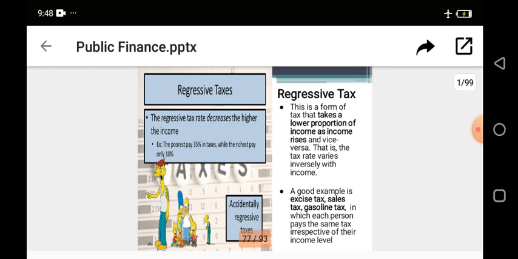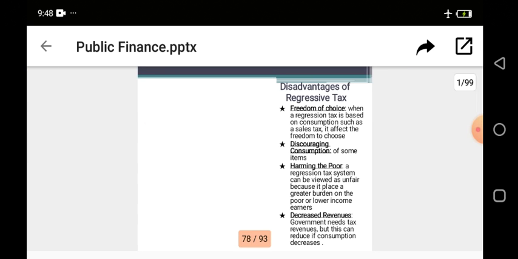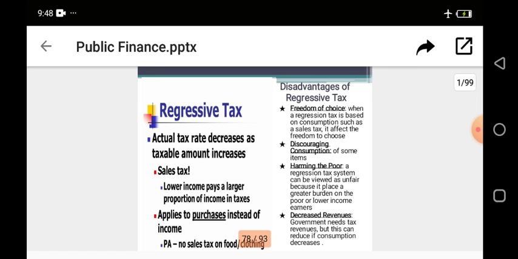The rich pay the same thing as the poor. So indirectly, we can call that a flat rate. But take note, this tax is one where as you earn more income, you pay less tax. So let's look at some of the advantages and disadvantages of this.